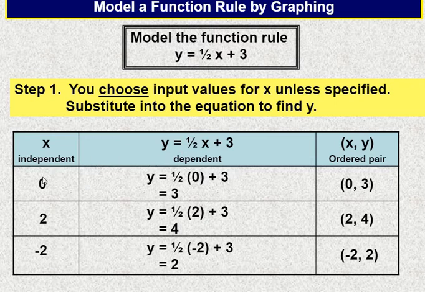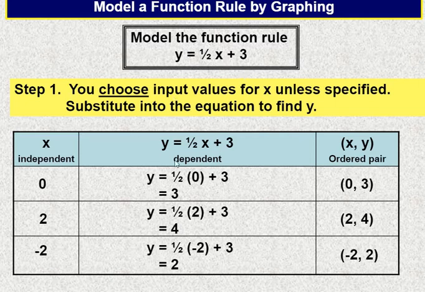So, for example, for the first point, you would choose 0 for x, so you will substitute x in y, which is a function of x. It means that it depends on x. There is a relationship between y and x, and it's explained by the function rule.